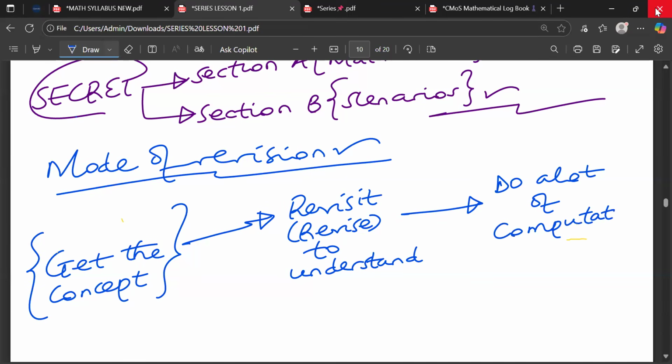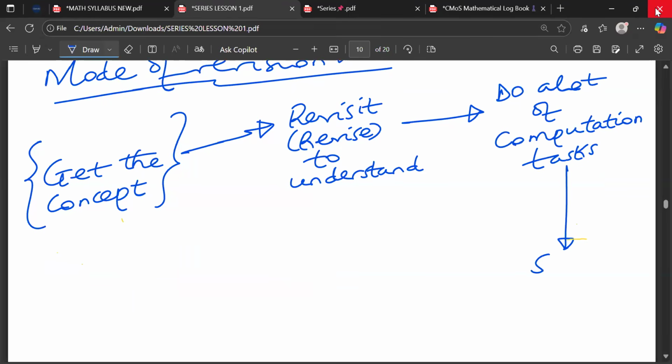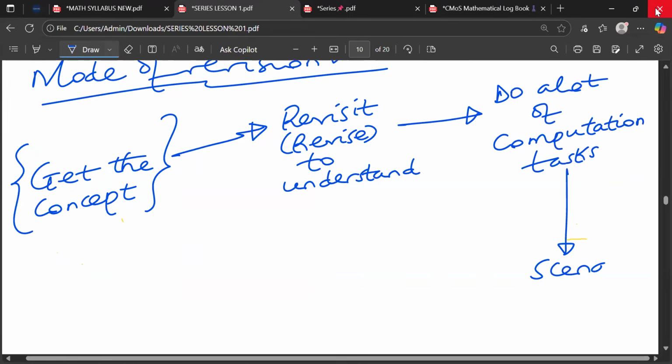Computation tasks are those ones that don't have any real life problem in them, the ones I usually give you. Then after the computation tasks, you can now go to the scenarios. Scenarios last. Because trust me, you cannot pass a scenario if you failed computation tasks.